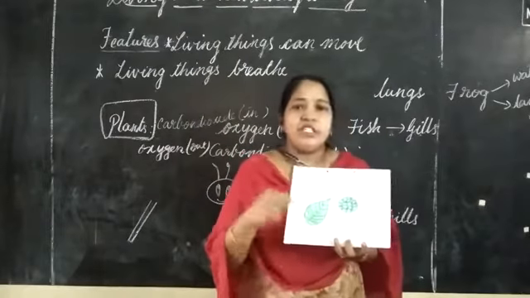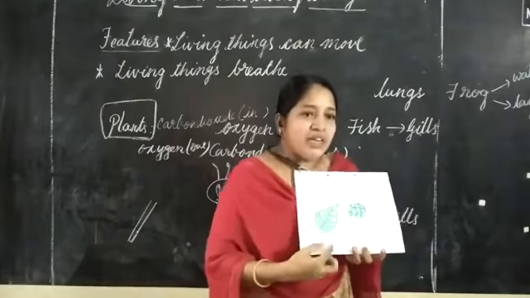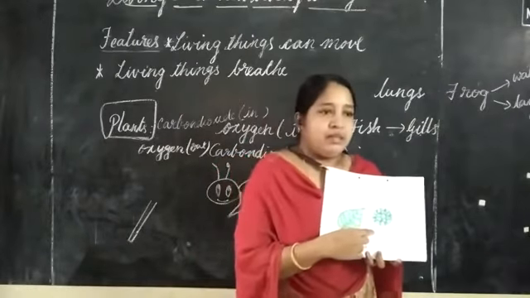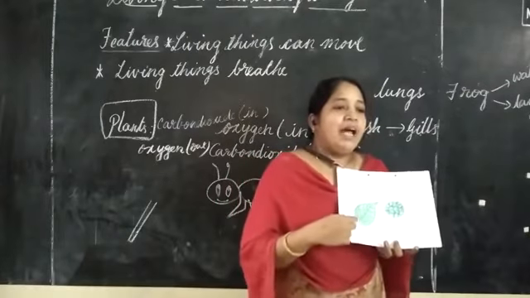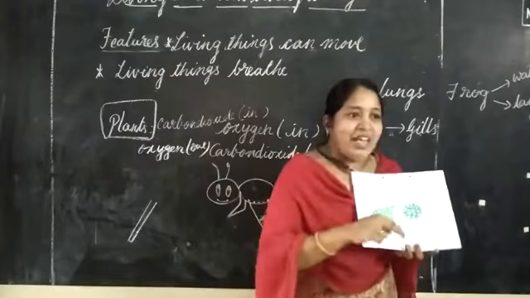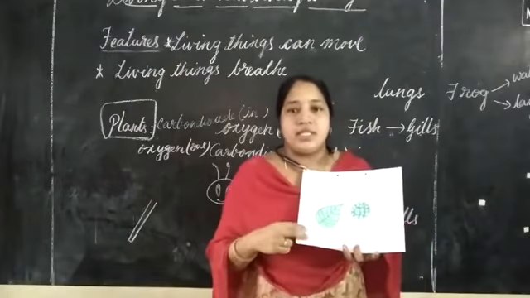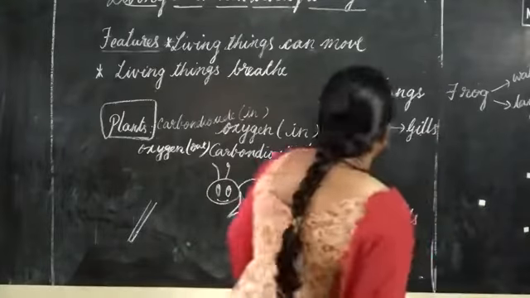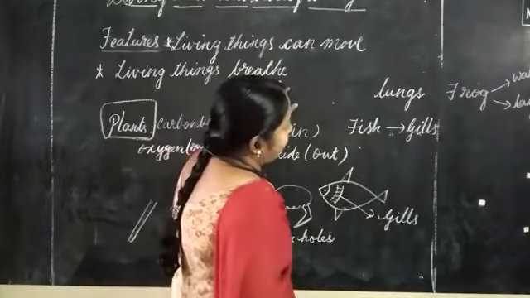They have very small openings on the lower surface of the leaf. Those small pores are called stomata. Through these stomata, the plants can take in, what do they take in? They take in carbon dioxide and release oxygen. Clear, children?